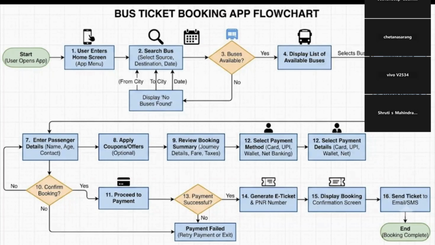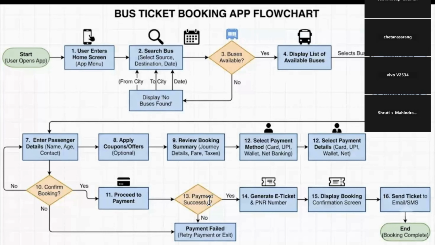And they search here, seat selection, select pick-up and drop-off points, passenger details, coupons, review booking, payment methods. So only when the payment is done, confirm booking, then payment processed. Here it's in a rectangle because there is a process happening.